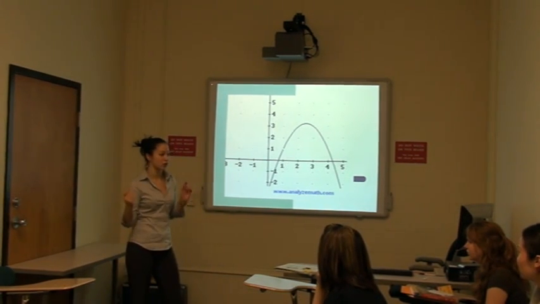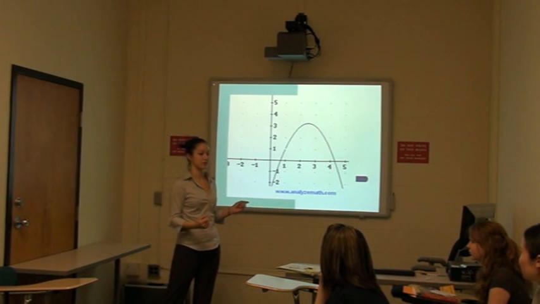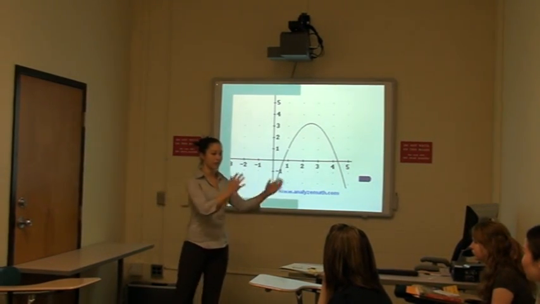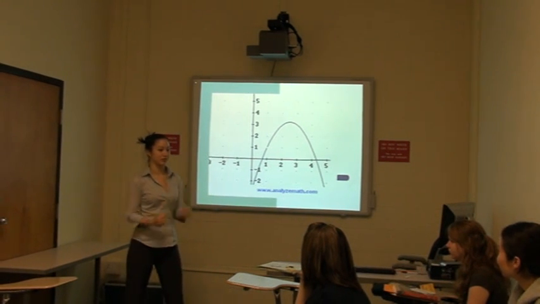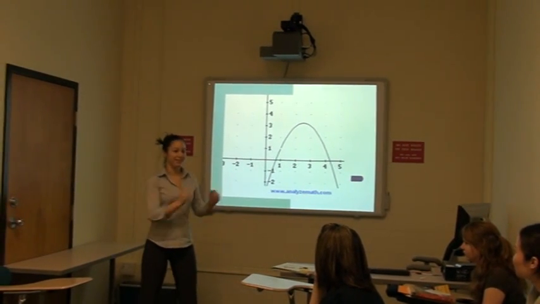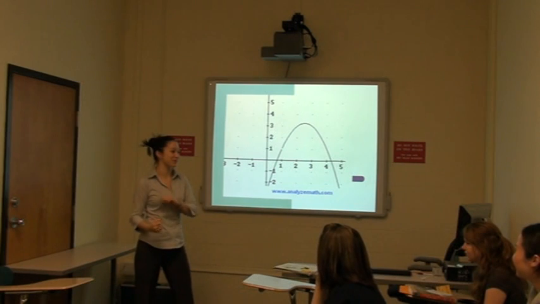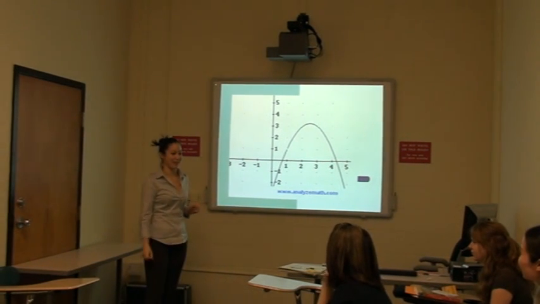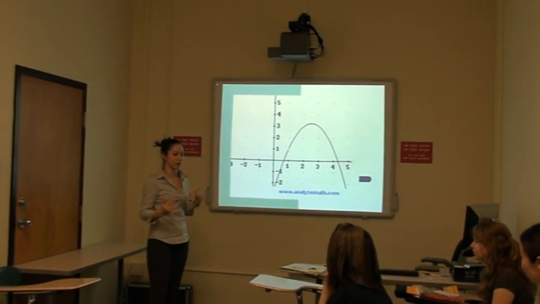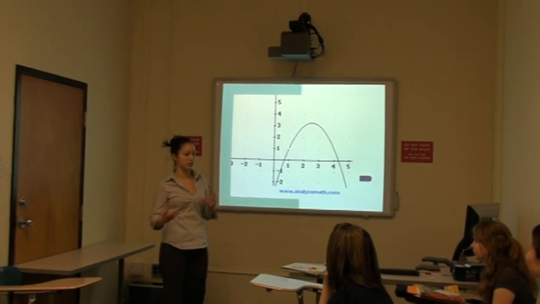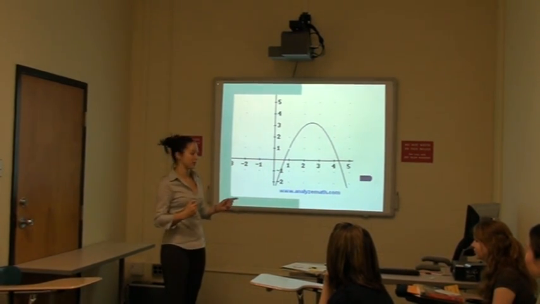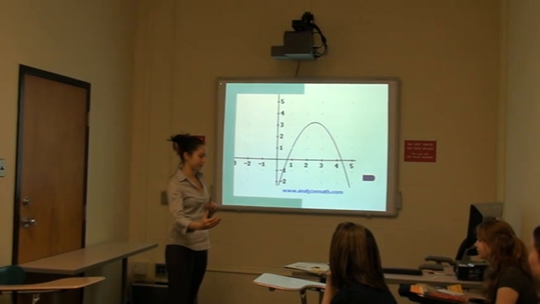So what do we think translation means in terms of graphs? Kind of. You have to look at my gesture. Moving a graph. Yes, moving a graph. So that's what we're going to be learning today. It's the most basic kind of transformation. So transformation is changing a graph. Translation is shifting it, right?